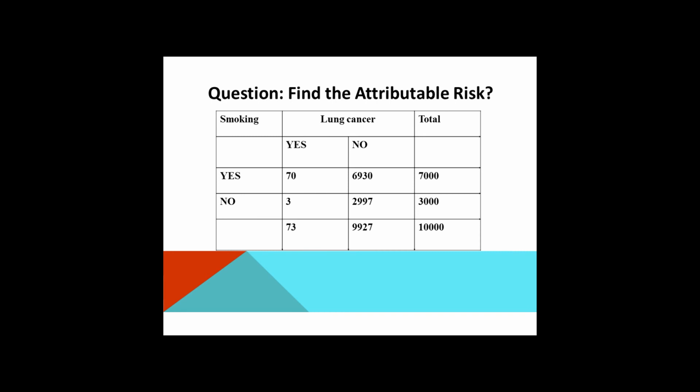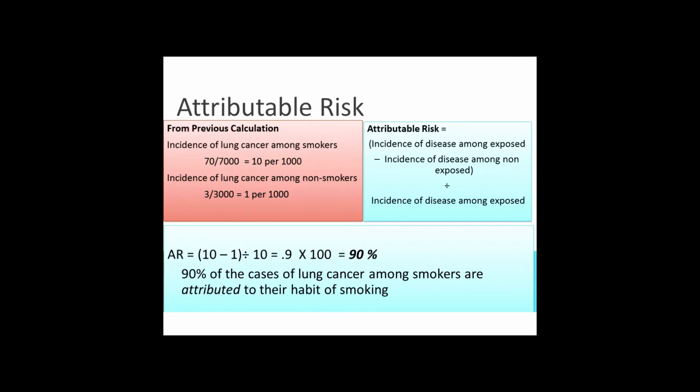So what is our attributable risk? So we know that our relative risk was 70 over 7,000 divided by 3 over 3,000. And this was our relative risk. What is our attributable risk?